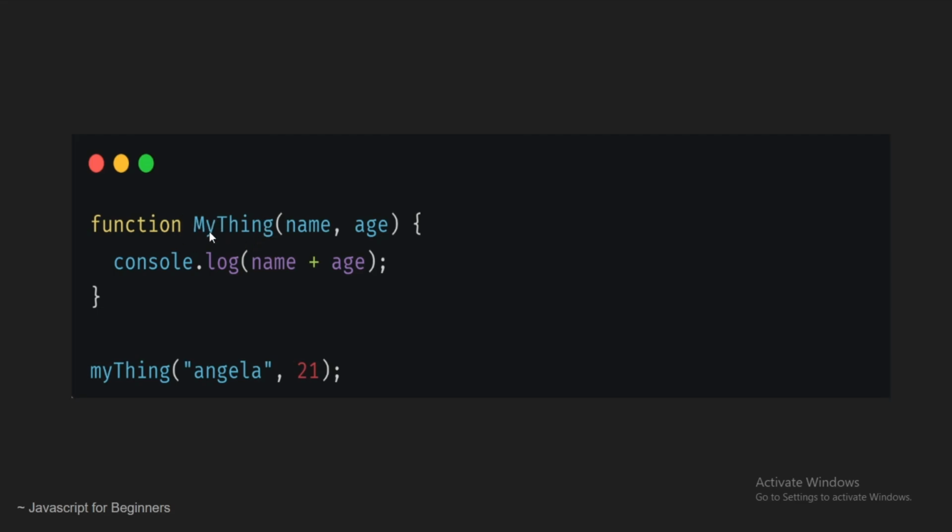So let's say I am adding my thing, and this function essentially takes parameters, right? Now in my case the parameters are name and age, so you can add multiple parameters by adding a comma. Then you can add curly braces, and I am accessing them in my console by name plus age.